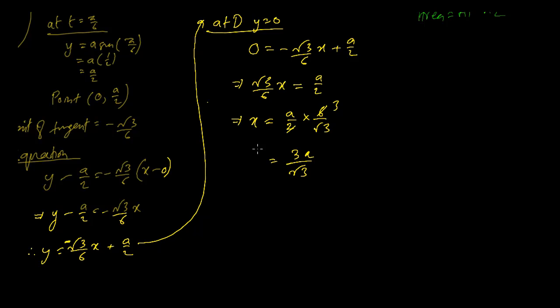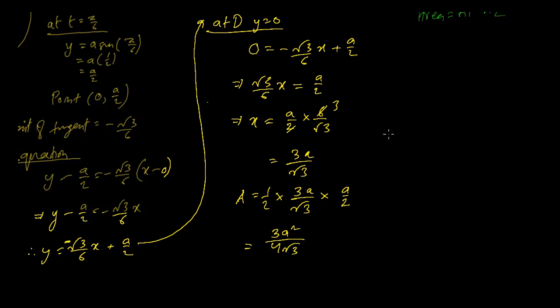So the area would be half into base OD, which is 3a by root 3, into height. The height is the y-coordinate, which we already found, a by 2. So the area would be 3a squared divided by 4 root 3. Let me repeat what's happening here.